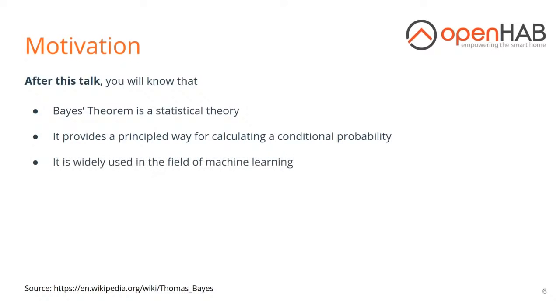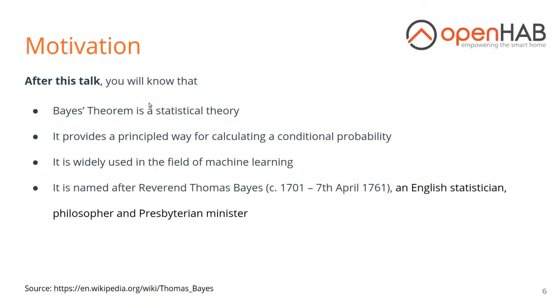And this rule is widely used in the field of machine learning. There are different approaches, neural networks or Bayesian networks, which use this kind of math. The formula itself was named after Reverend Thomas Bayes, an English statistician and philosopher.